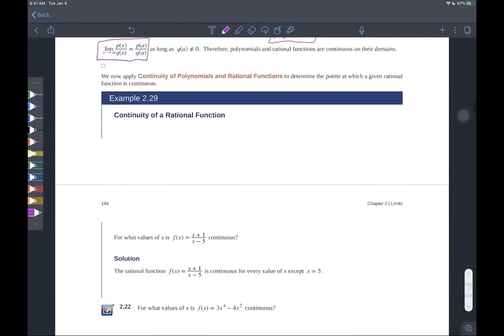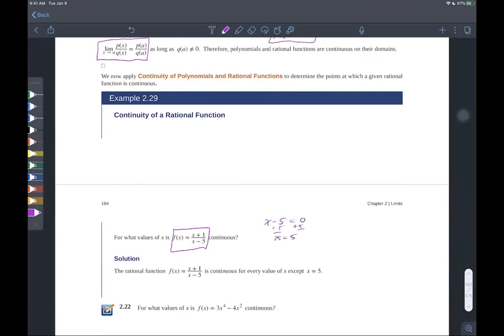So example 2.29, for what values of x is f of x equals x plus 1 over x minus 5 continuous? And we said that it is continuous at every point in its domain. So the domain is just going to exclude the values where x minus 5 is equal to 0. And you could pretty much see that without even writing it down.